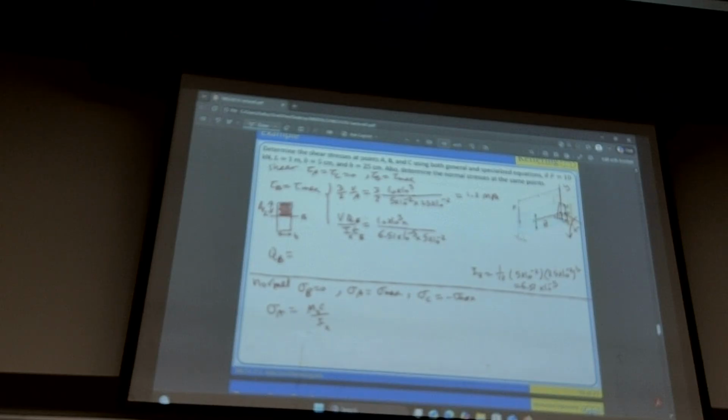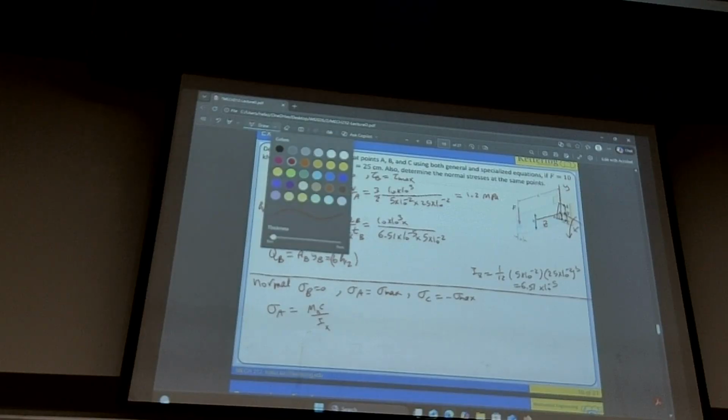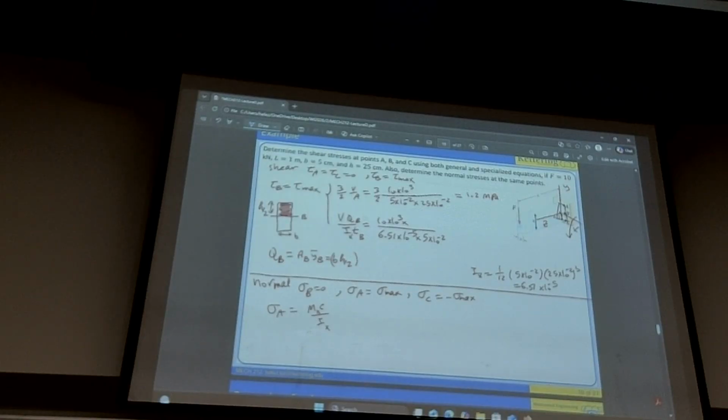The area is this dashed area, so B times H halves. Let's add one more term here. We said A times y-bar B. We paired the equation: A is B times H halves. And what is y-bar B? Let me switch to blue. Look at the centroid of this.